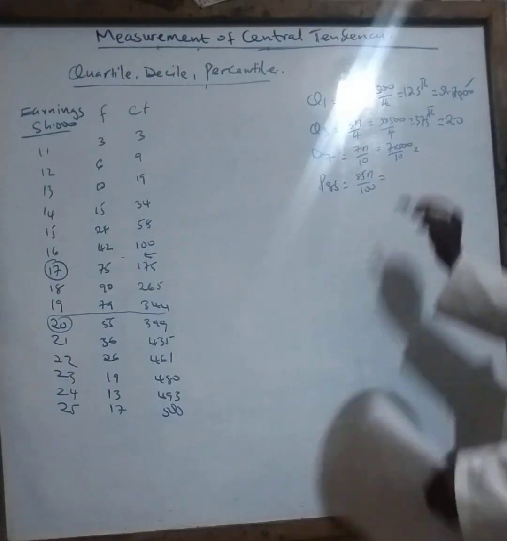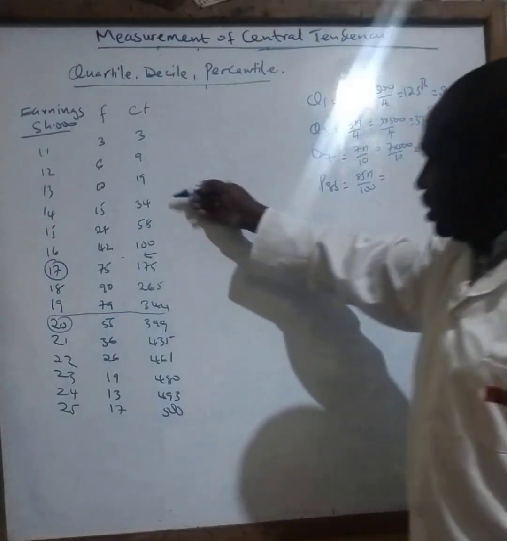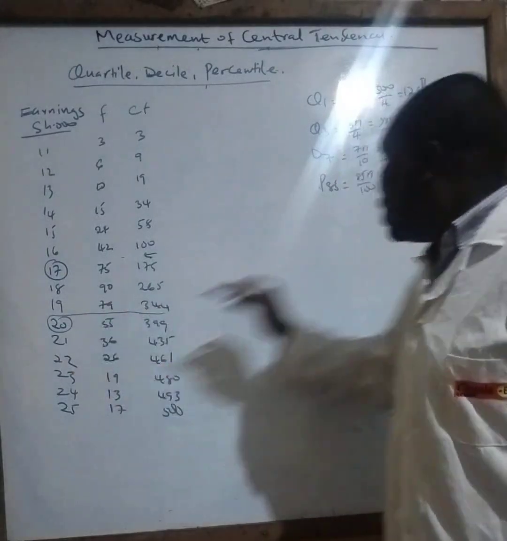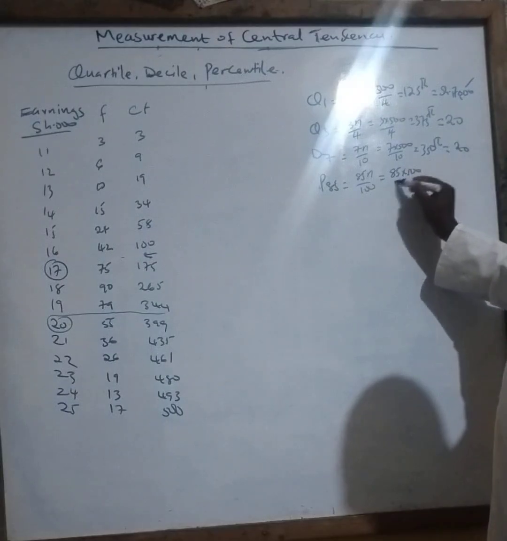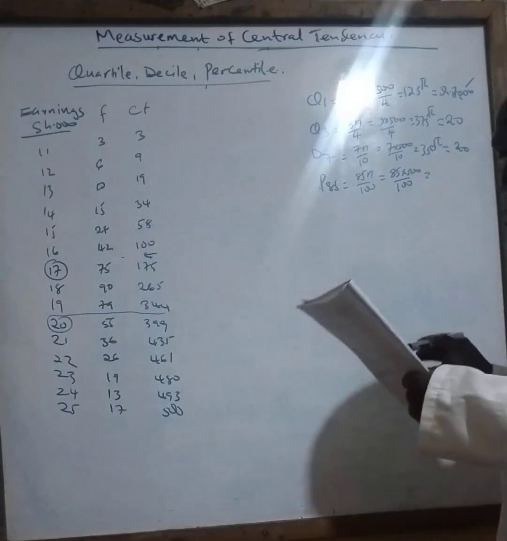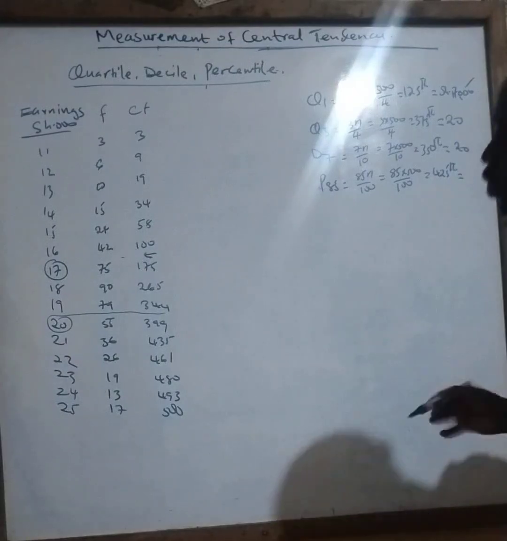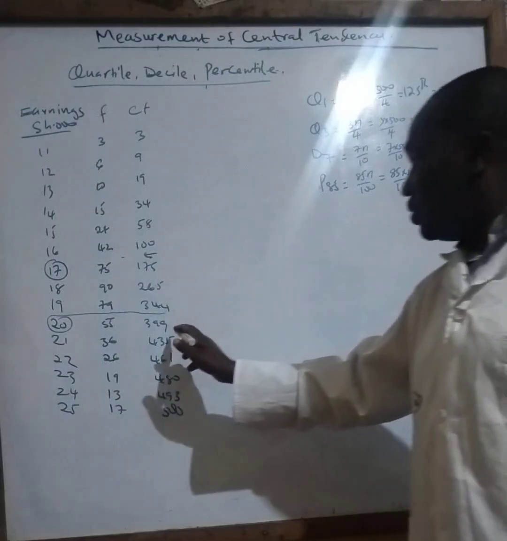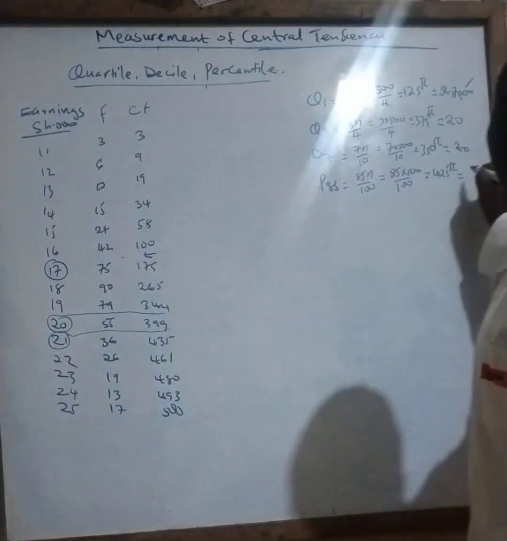The answer there is the 350th item. Where is the 350th? It is again 20. Then this is 85 times 500 divided by 100. What is your answer, class? The 425th item. Where is the 425th item? It is here. You follow like that, then you find the answer is 21.